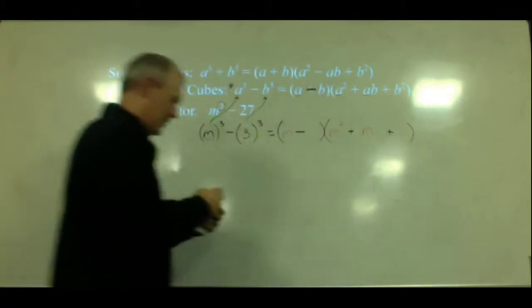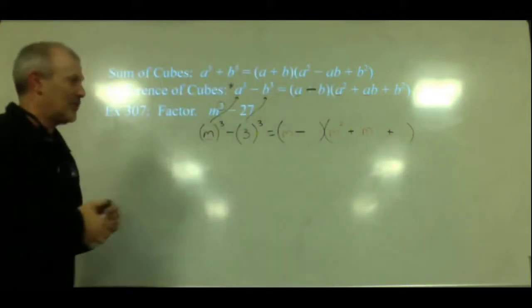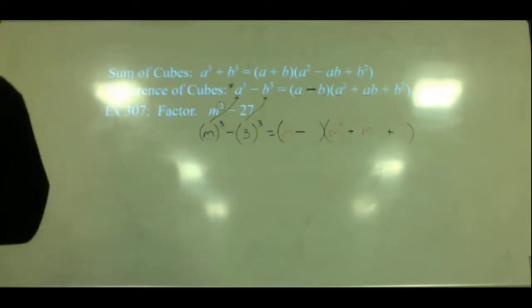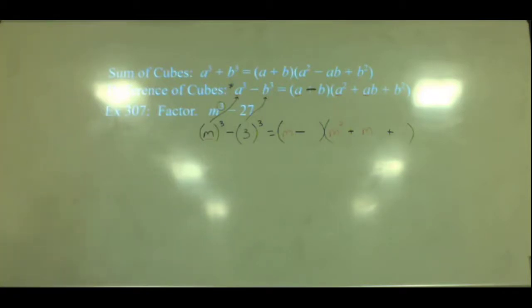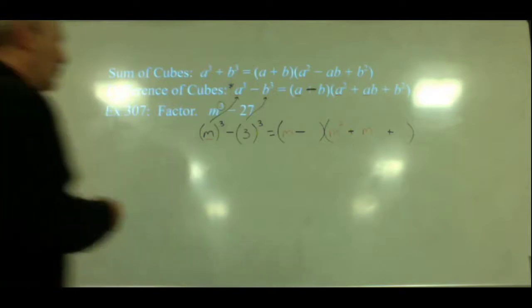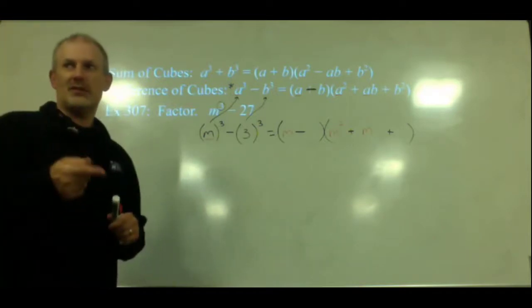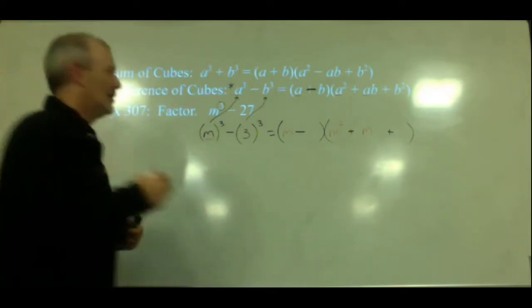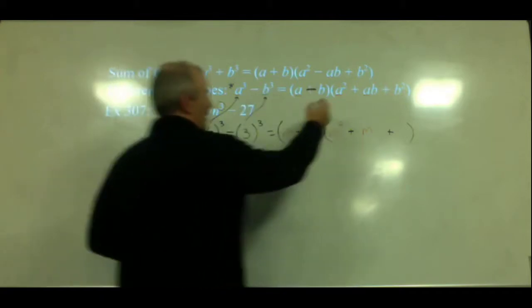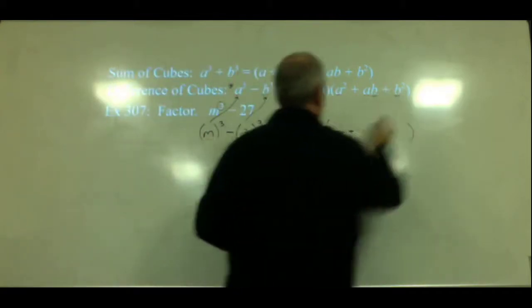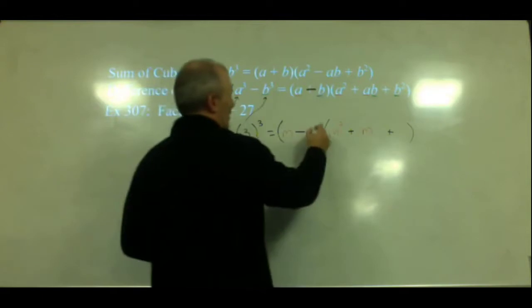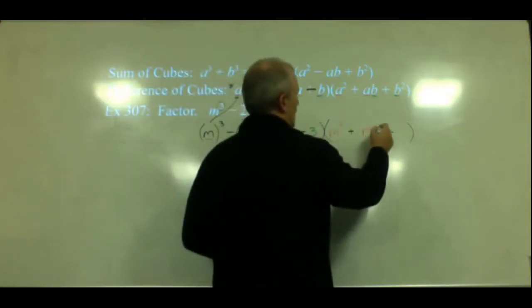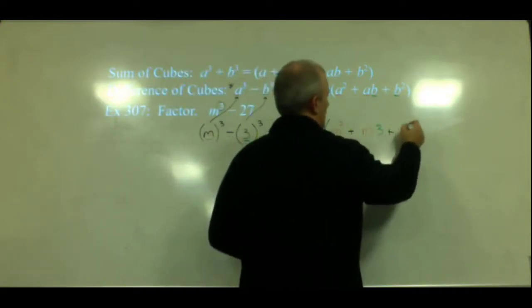Okay. So is everybody okay with the signs and the M's going in place of all the A's? Then, what do you think we're going to put in place of all the B's? A 3. So everywhere there's a B, we're going to put in a 3. So 3, 3 squared.